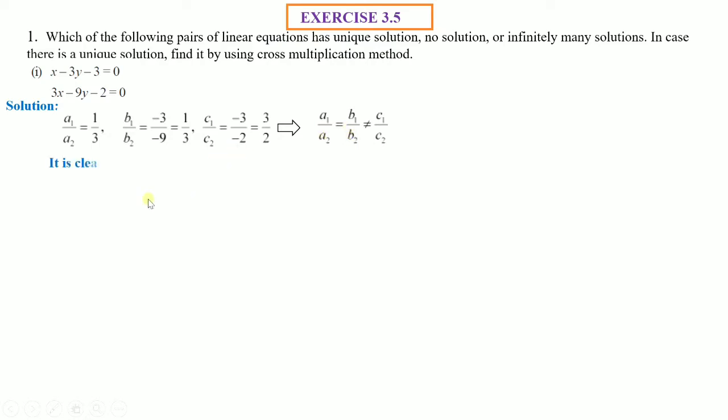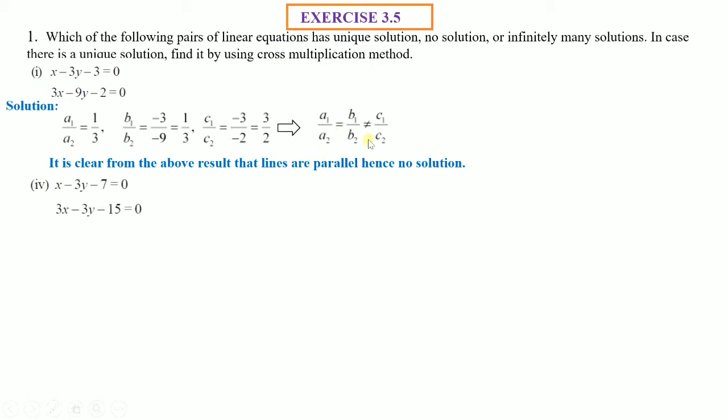So it's clear from the above result that lines are parallel, hence no solution. In that case, we need not do anything because the system has no solution. We were asked just to check it, and we checked and found no solution. So this question is over.